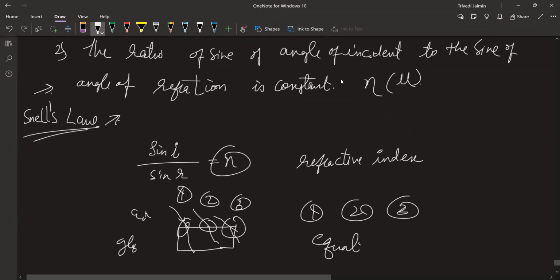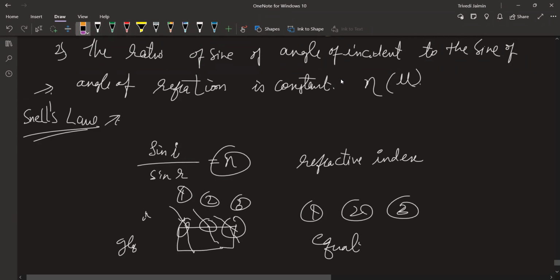Even if we change the angle, instead of 30 degrees, to 60 degrees or 45 degrees, whatever, they will have some exit angle and their ratios will be equal. That's what it says: the ratio of sine of angle of incidence to the sine of angle of refraction is a constant value. That is called refractive index.